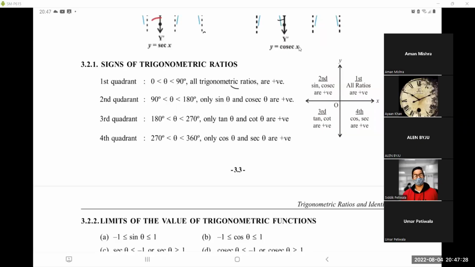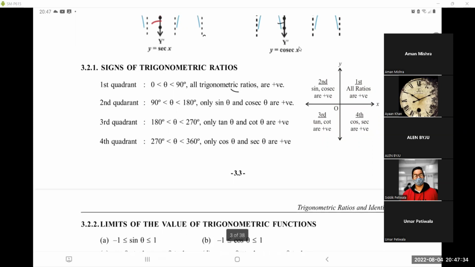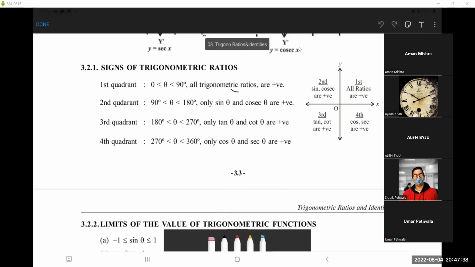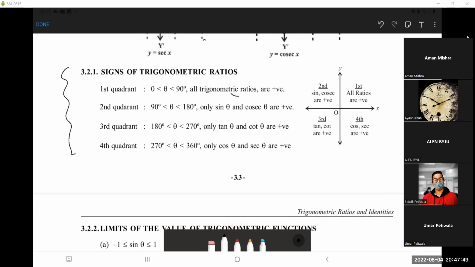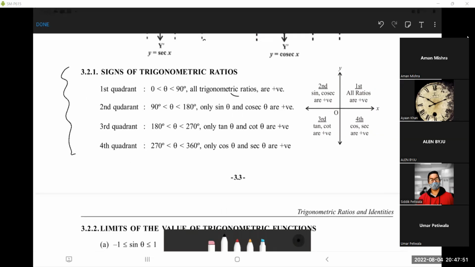Let us continue. Last hour we discussed the signs of trigonometric ratios. Any question on this? Did you understand or not? This part, and this diagram is also here. You can see in the first quadrant, all ratios are positive.